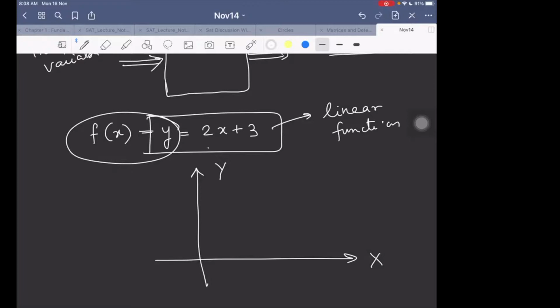Can you tell me? It is going to be a straight line, right? Hence the name linear function, because this is going to generate a straight line for you.